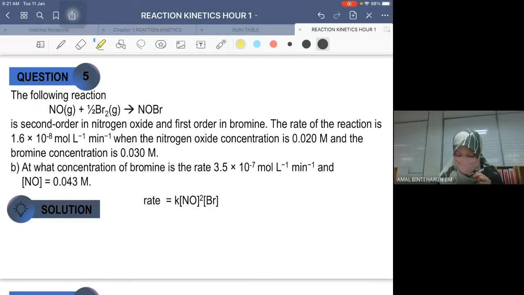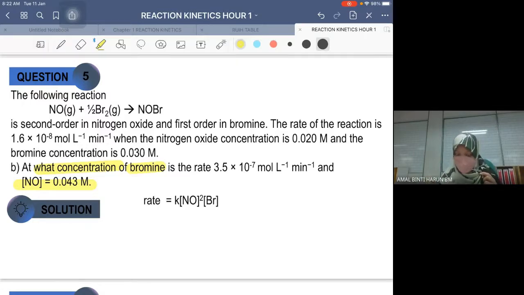At what concentration of bromine is the rate 3.5 times 10 to the power negative 7, when the concentration of NO is given? We want to know what concentration, so we still use the rate law.